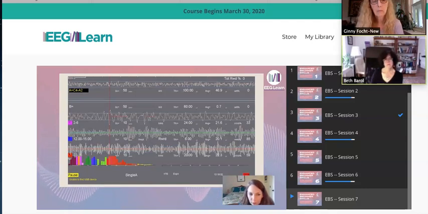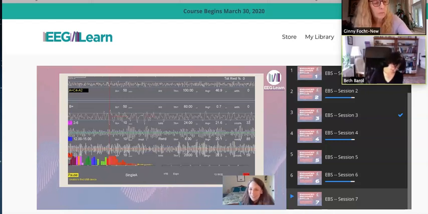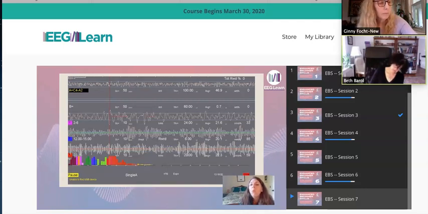I'm going to let you in on a little secret. It's probably not too much of a secret by now. There is no protocol that we do where we want the fast frequency beta to have the highest amplitude. There's no neurofeedback protocol that I know of where we want the fast frequency beta to be the highest amplitude. We're always trying to help people relax, calm down, not work so hard.